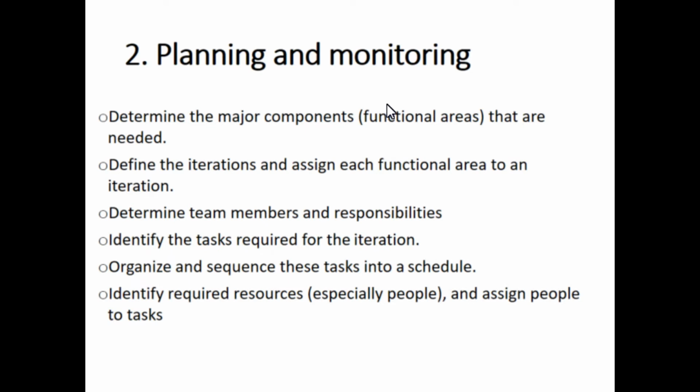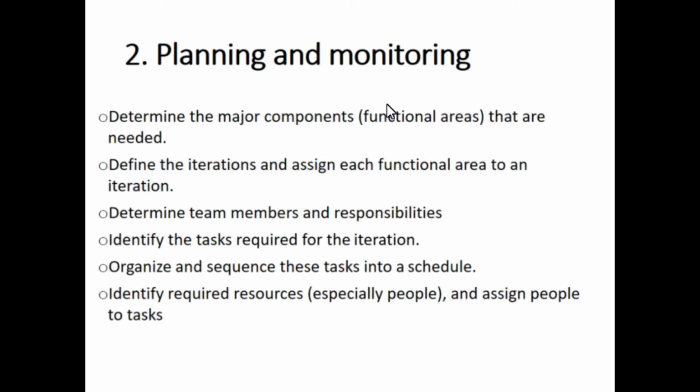So that is it. The second one is the planning and monitoring phase. Here, as its name suggests, it's about planning the activities involved in the phases of the SDLC. Here you determine the major components or functional areas that are needed.